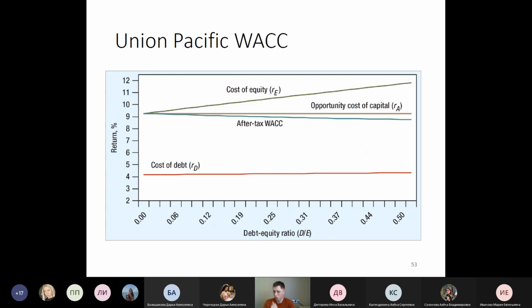Therefore, there is this perspective that after-tax weighted average cost of capital would be quite similar to the return on assets, which is also something we use to estimate the opportunity cost of capital, because the cost of debt would be compensated by the cost of equity.